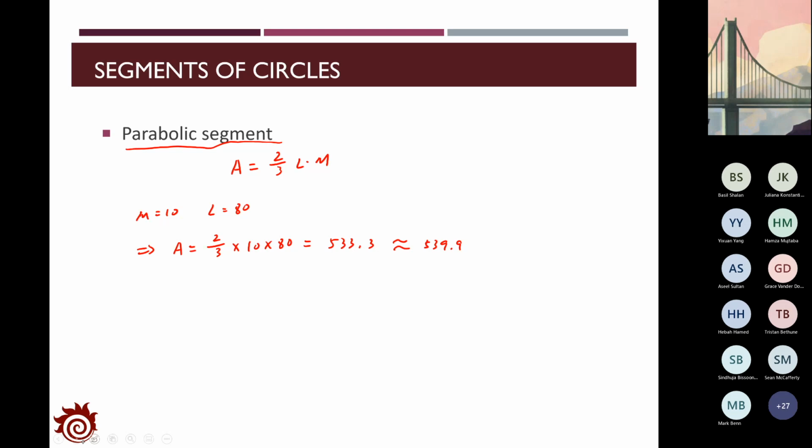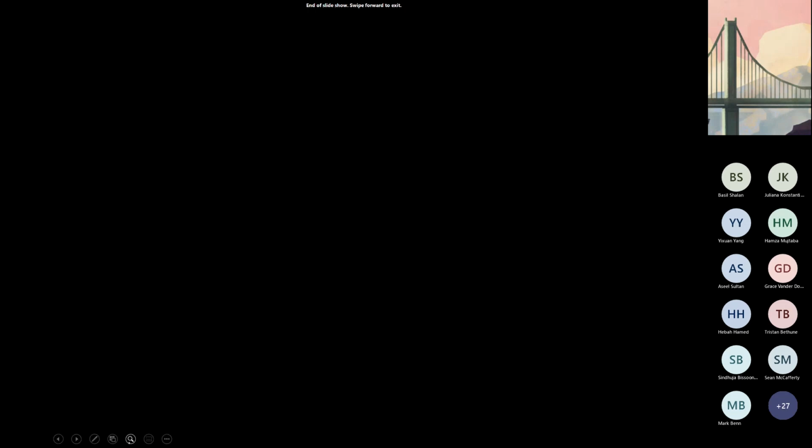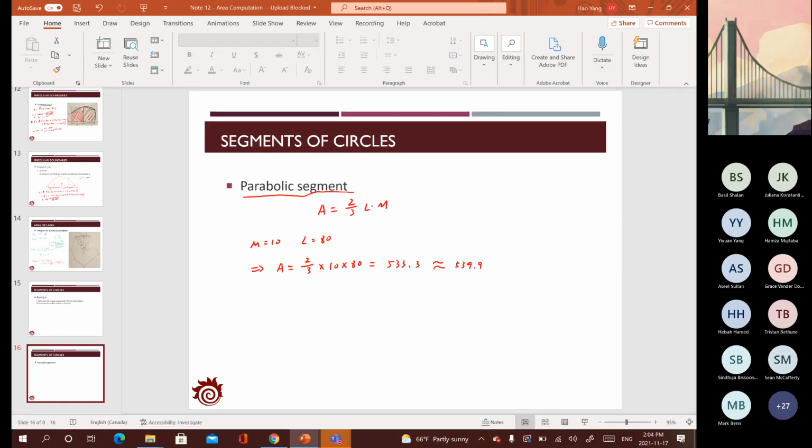So that would be all the information I would like to share with you about the estimation of areas. We have one major method applied to calculate the areas covered by straight lines, where I can use the coordinates to do the calculation.